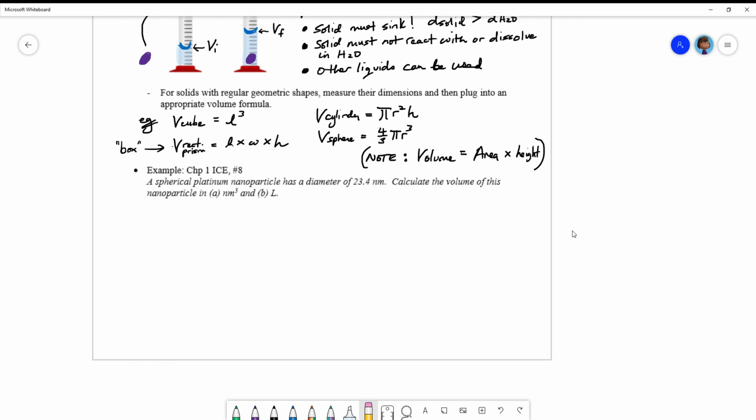conversion. And the problem simply states, a spherical platinum nanoparticle has a diameter of 23.4 nanometers. It's a teeny tiny sphere is what we're dealing with of platinum. Calculate the volume of this nanoparticle in A, cubic nanometers, and B, liters.